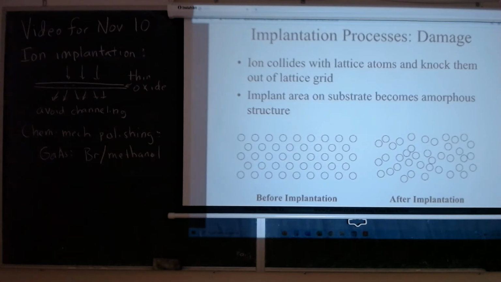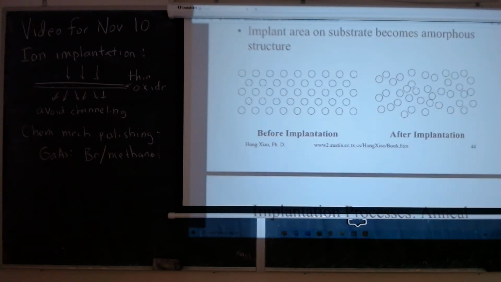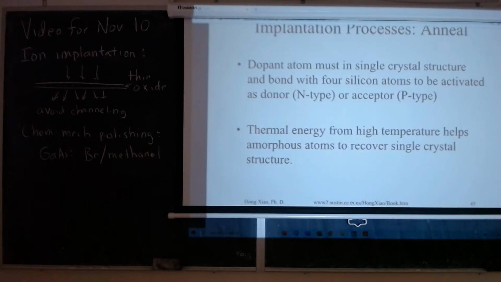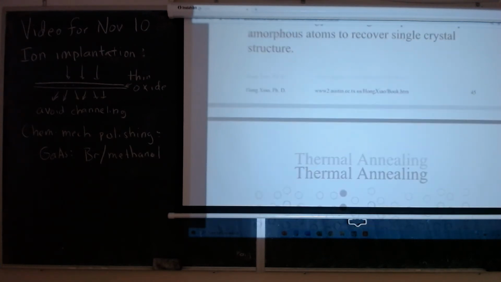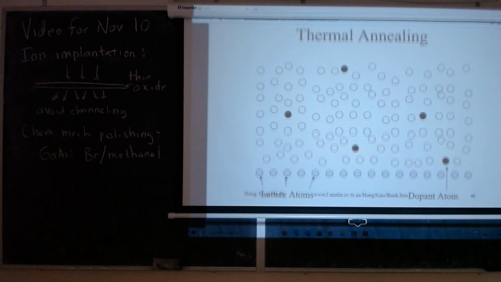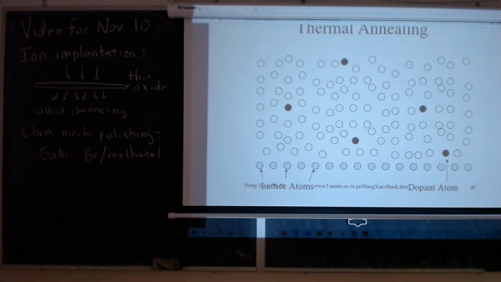The article has a nice set of slides. So that's before implantation, a nice crystal. After implantation, it gets all messed up, which is amorphous. Then you perform the annealing. Here's your implantation. The solid atoms there are what you implanted, which, as he has written here, may typically be a dopant atom.